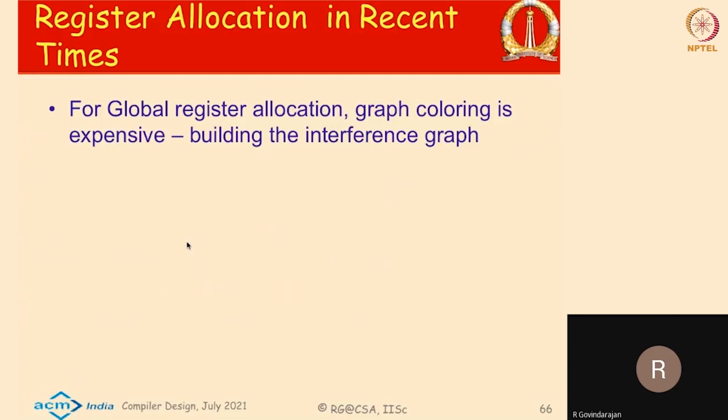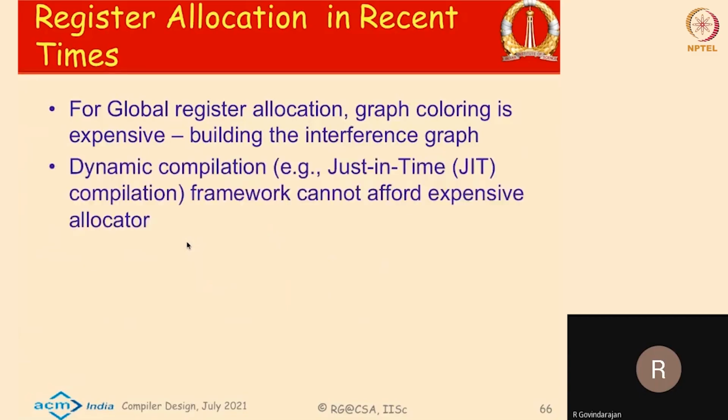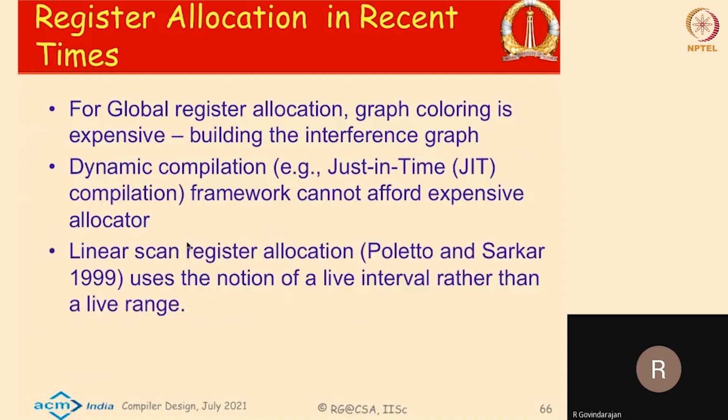For many of the other languages also these days, people talk about just-in-time compilation, where the compilation from the bytecode or the intermediate code to the native code takes place during the execution of the program. In such situations, doing a complex register allocation like Chaitin's could be very expensive. Therefore, people want a simple method which can do fast register allocation.